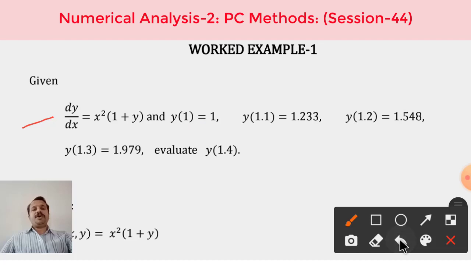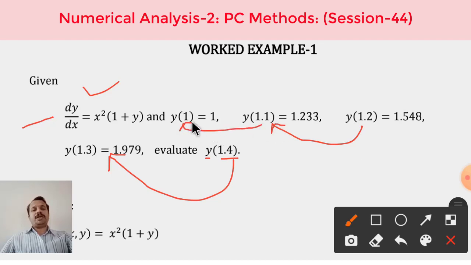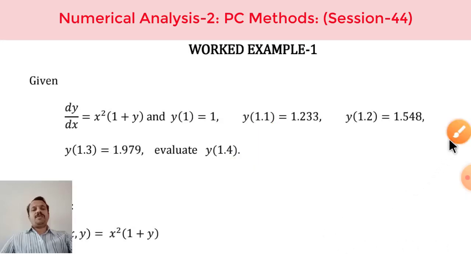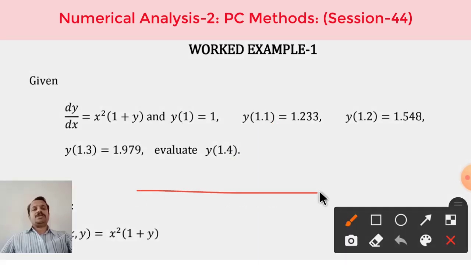Now we can observe here that this differential equation is to be solved at the point y at 1.4. So previous to 1.4 we are having 1.3, and previous to that we are having 1.2, and previous to 1.2 we are having 1.1, and at the leftmost we are having 1. So these are the values which are visible to us. We want to calculate at 1.4, the point at which we want to solve the given initial value problem.